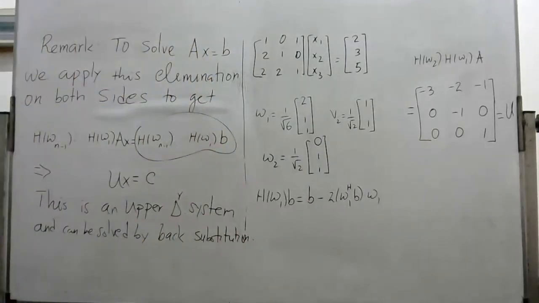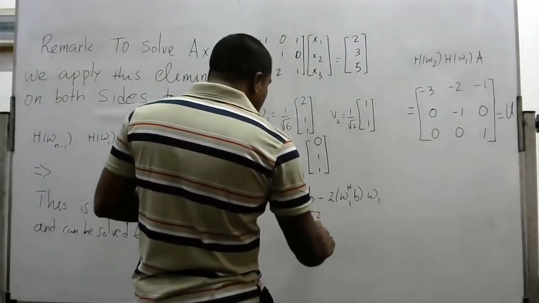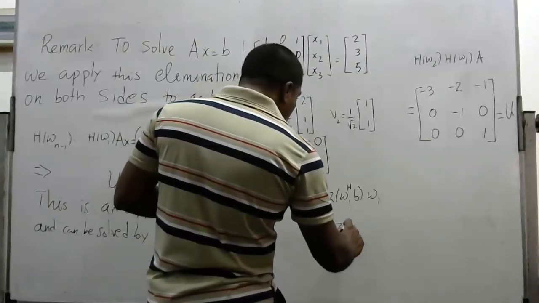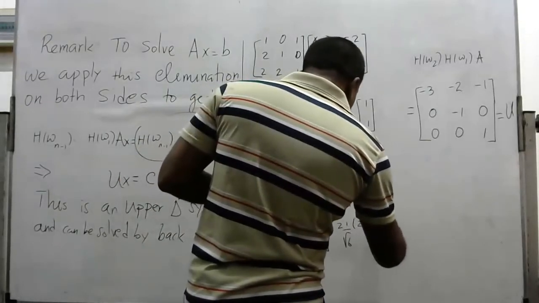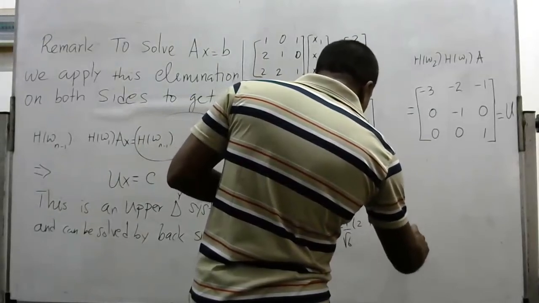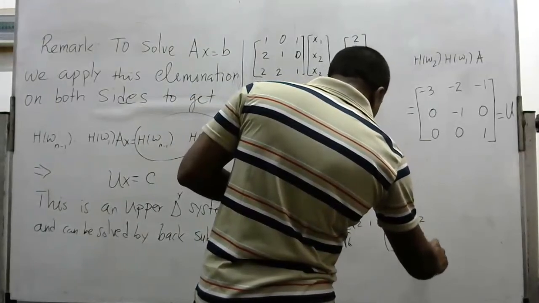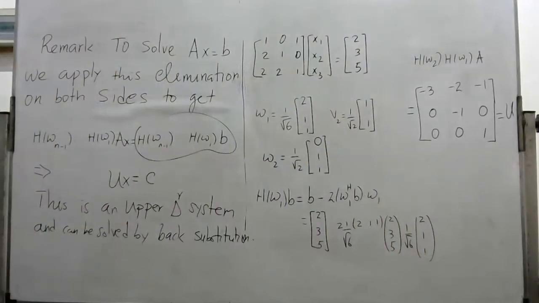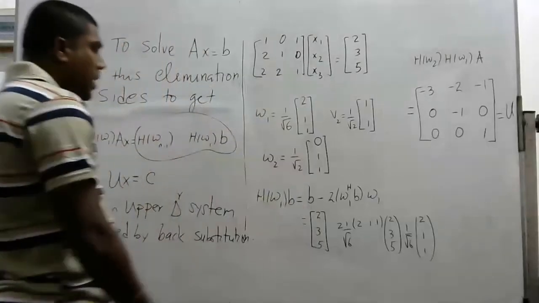You can substitute the values here: that is 2, 3, 5 minus 2 times 1 upon square root of 6 times 2, 1, 1, and 2, 3, 5, and 1 upon square root of 6 of 2, 1, 1. Okay, so this is your H omega 1 times b. You can simplify this, so this is 2 over 6.